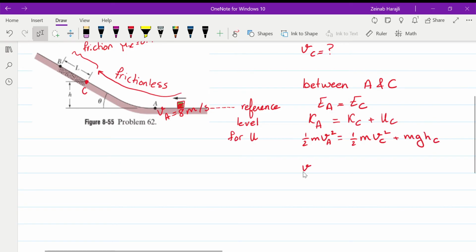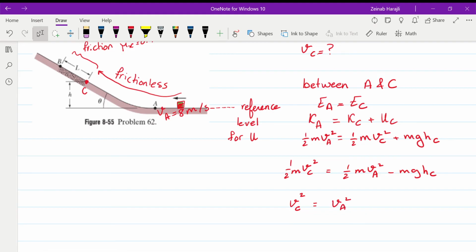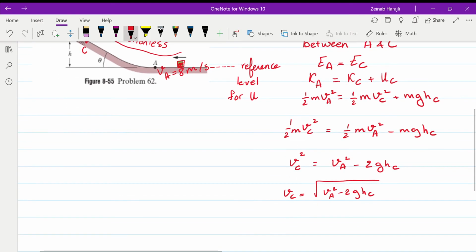Like we said, we want to look for the speed at C, so we can separate the kinetic energy at C, and this will give us this expression for the speed at C. And now all we have to do is substitute the values.